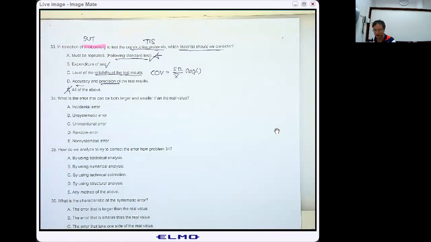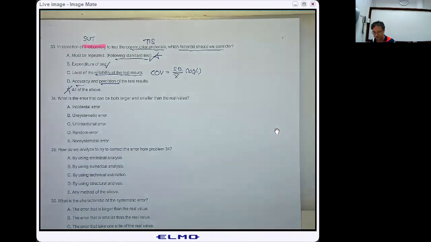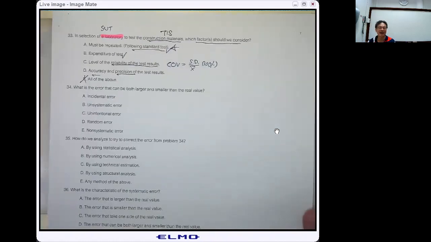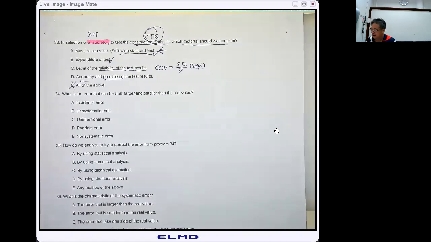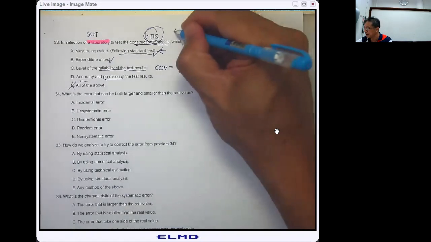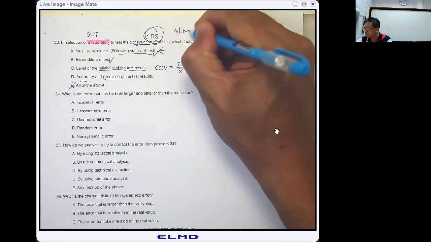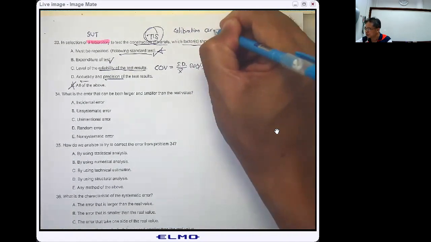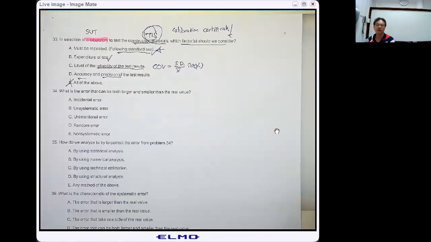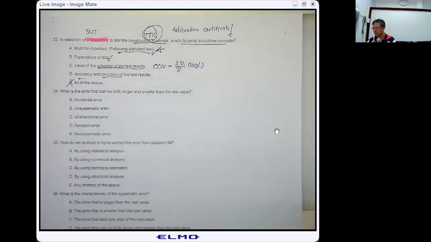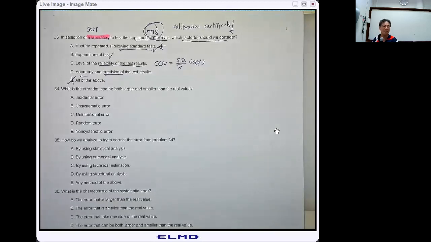So we got to select all of the above. When we select one, that's going to follow the TIS. And you're going to check for the calibration certificate of the testing machine also. The testing machine is supposed to be calibrated for some specific interval of time.